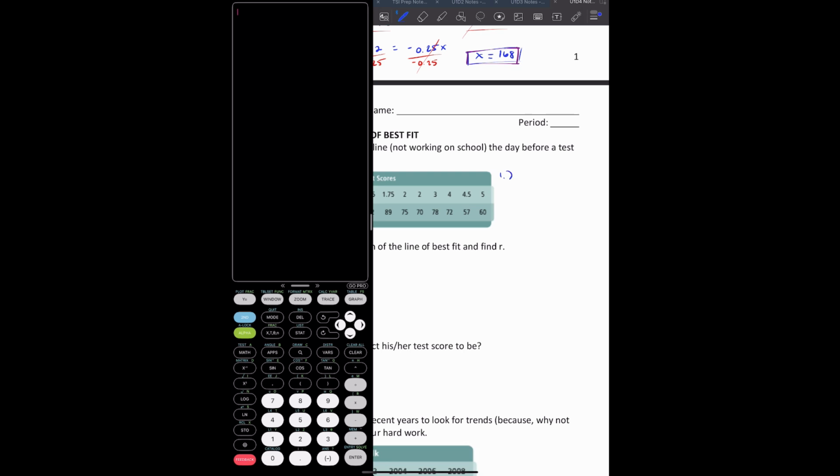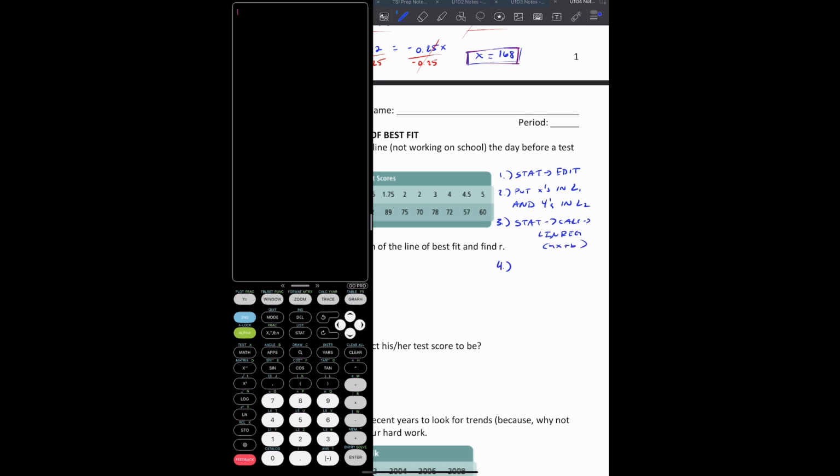So the first step here is stat, edit, to put x's in L1 and y's in L2. 3, stat, calc, lin reg in the form ax plus b.